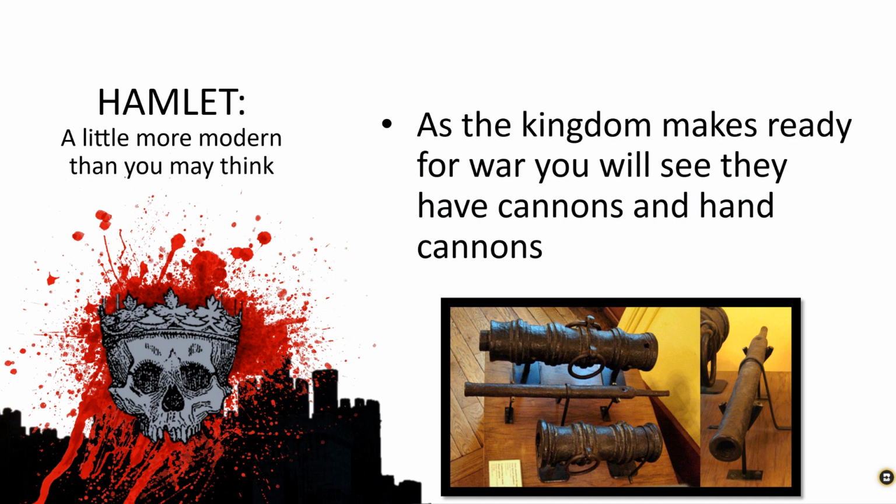In that same way, we have students that sometimes get a little lost or a little confused as to why Hamlet is going to be referencing guns or cannons or things like that. They do have firearms. They don't have firearms the way that we would think of them, but you have hand cannons, which you would literally hold, and almost like a bazooka kind of thing. You would hold it, somebody else would load it, and it would fire.